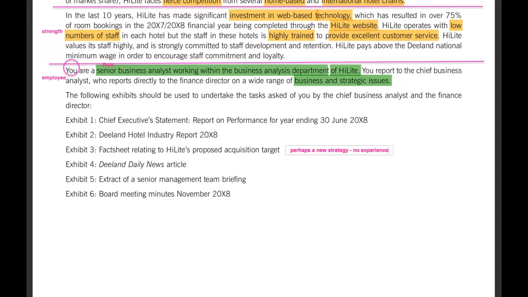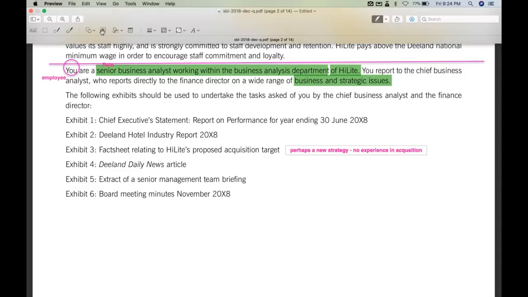It should give you an idea that they don't have any experience in acquisition. Exhibit number 4, Zealand Daily News Articles. Especially when you talk about daily news articles, what should cross your mind?